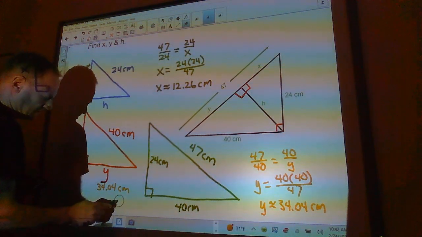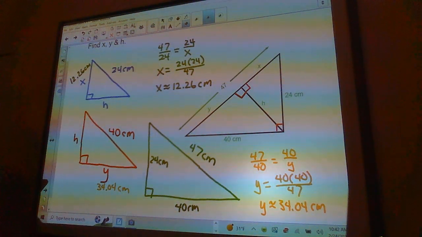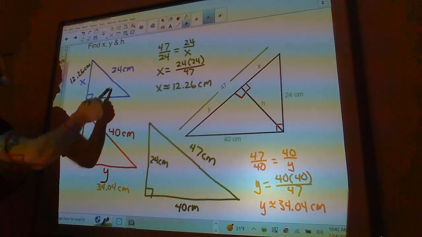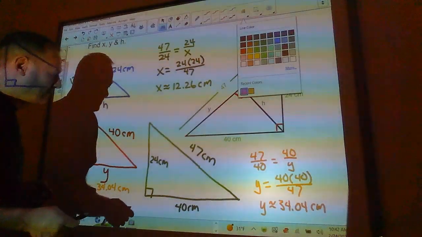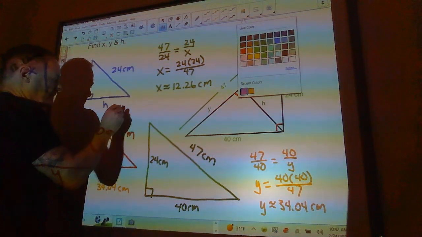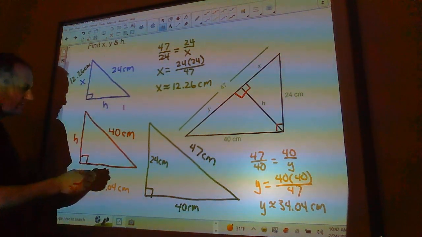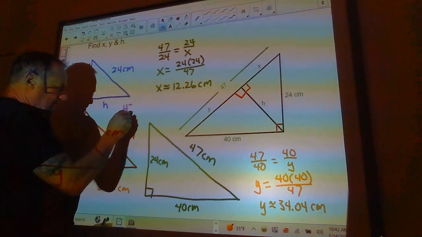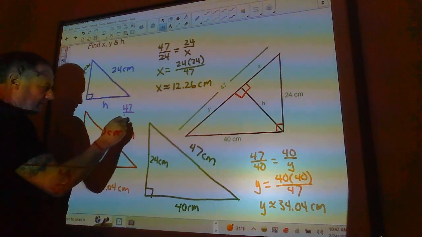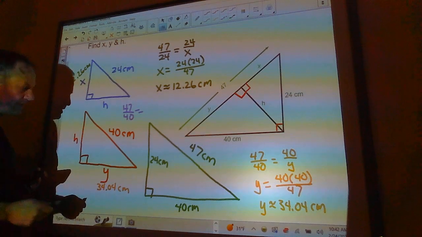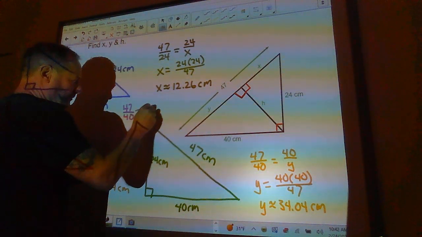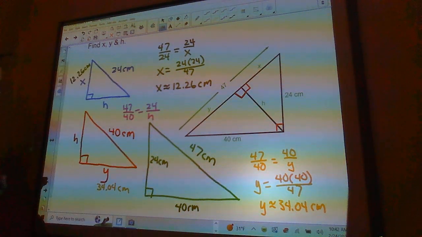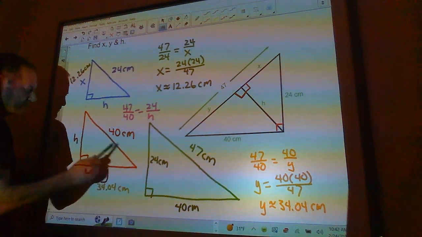All right. Now I need to find h. I can do that with either one of these triangles. So again, I'm going to use, let's see, 47 is to 40 as 24 is to h.